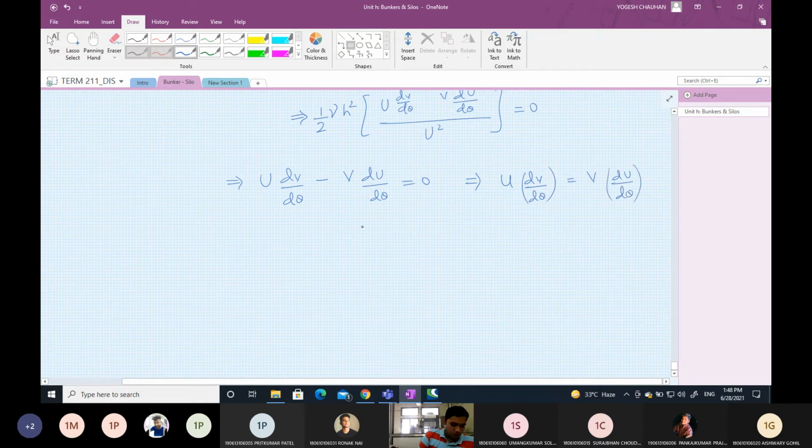Now u is tan θ minus μ, and differentiation of v with respect to θ will be (1 minus μ' tan θ) into sec² θ, plus (μ plus μ' tan² θ), so d/dθ of tan² θ will be 2 tan θ into sec² θ.